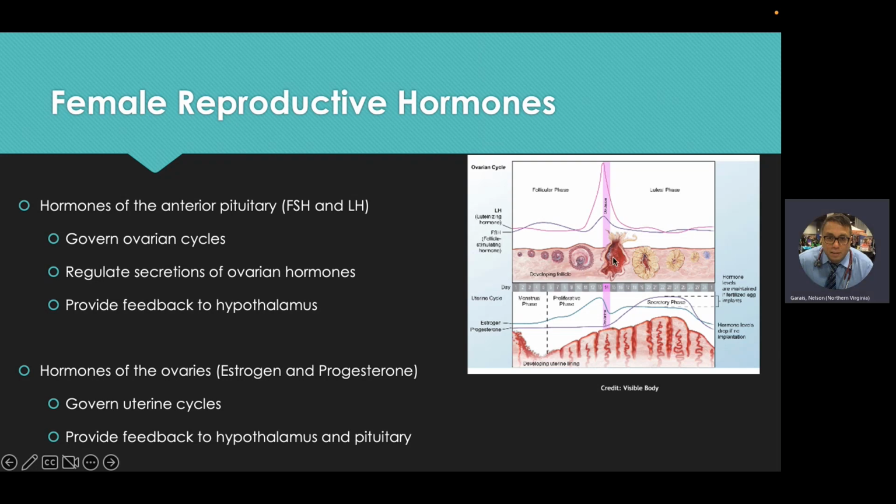The second part is when the ovum is either used or spent, and then it recycles the rest of the products. Day 1 through 5 in a 28-day cycle is your menstrual phase. Day 6 through 13 is your proliferative phase, and day 15 to 28 is your secretory phase. So these are different phases other than follicular and luteal.